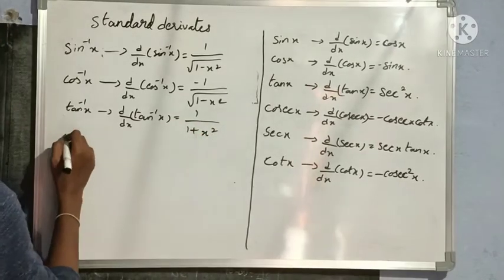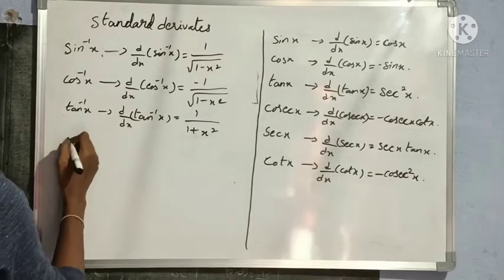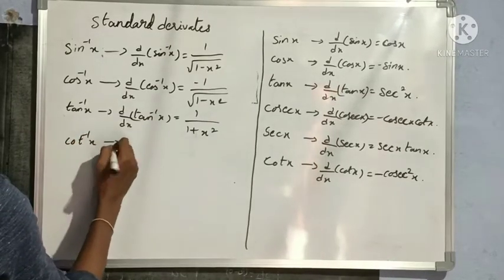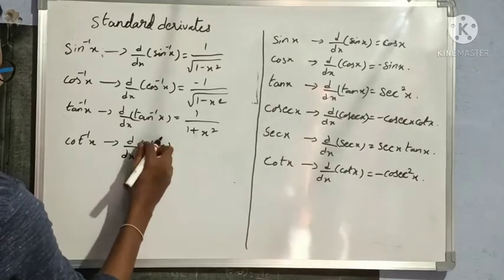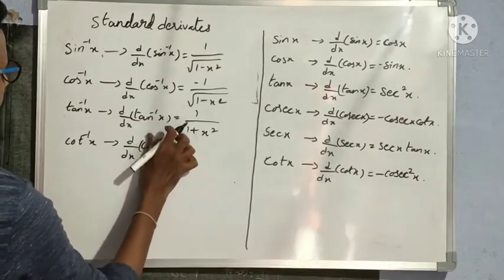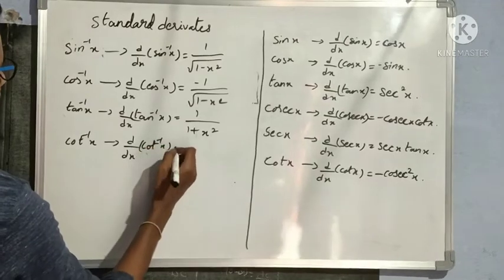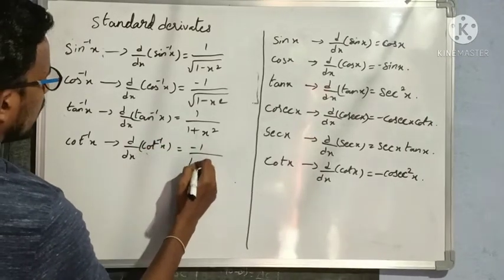Next, cot inverse x: d by dx of cot inverse x is equal to minus 1 by 1 plus x square.